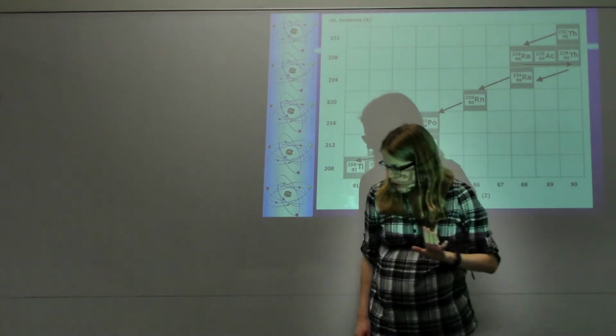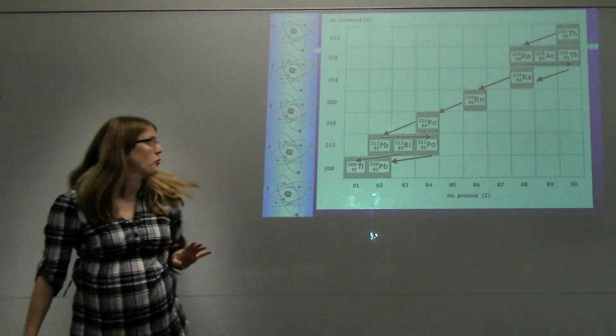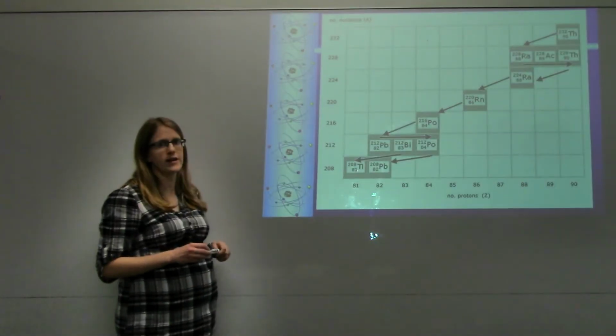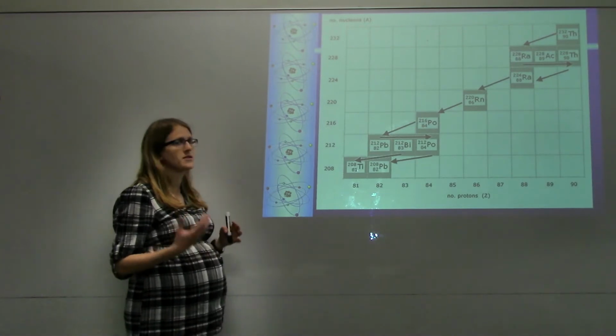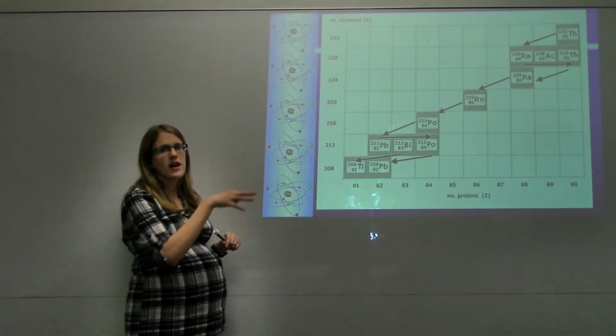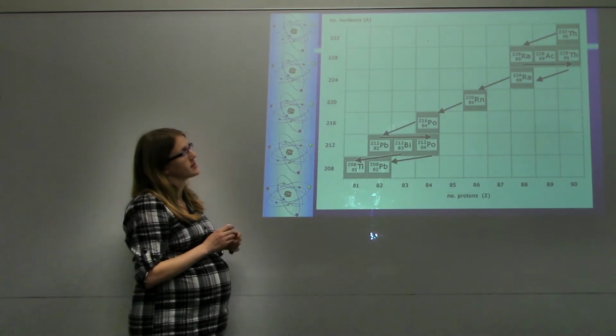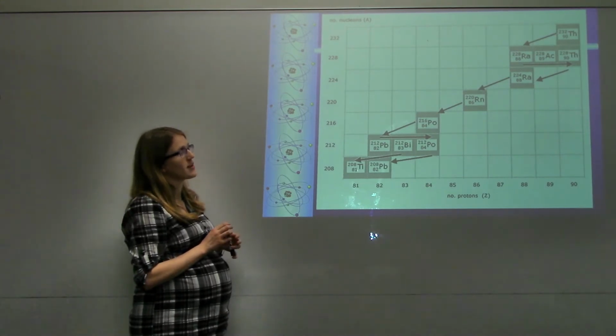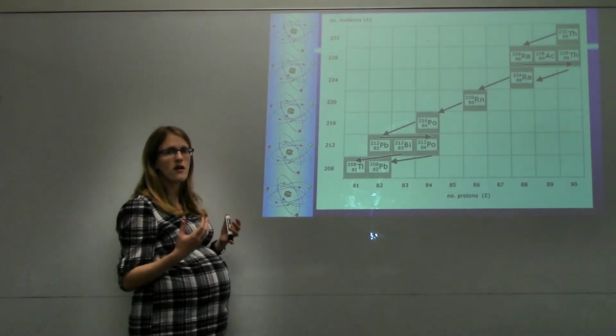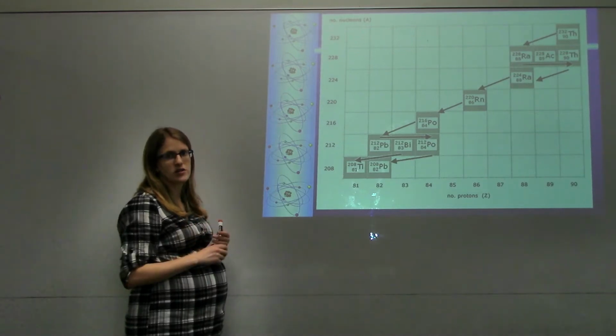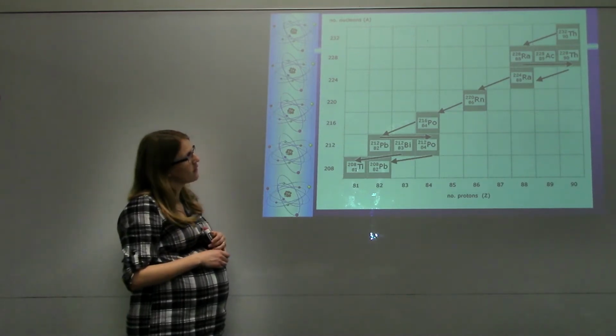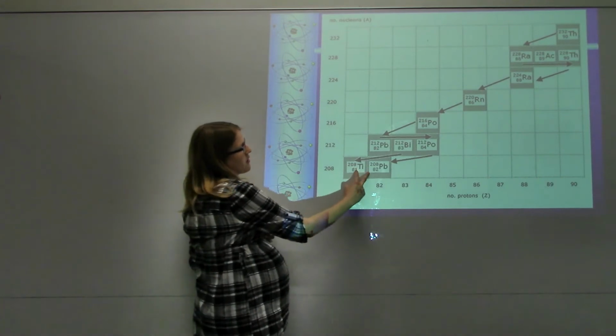Now, in this whole decay series, we only have 2 nuclides that are actually stable entirely. All of the nuclides listed on this decay series are radioactive except for 2. So where are our stable isotopes? Yeah, it's these right here.